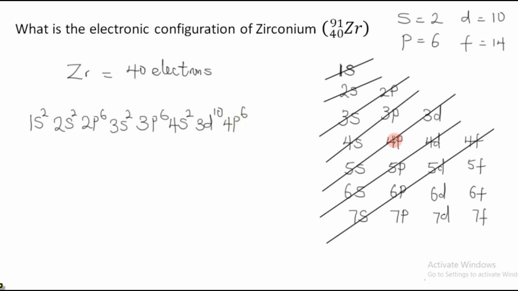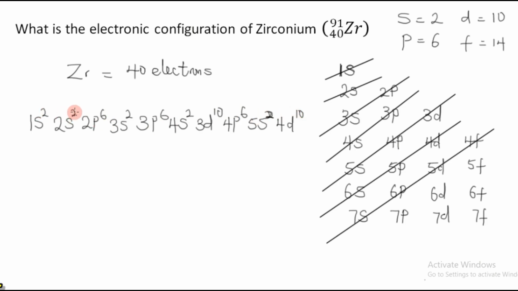From the 4p orbital, I move to the 5s orbital. So 5s2, because s orbital will take a maximum of 2 electrons. From here, I will move down to the 4d orbital, and d orbital will take a maximum of 10 electrons. So 4d10, right?